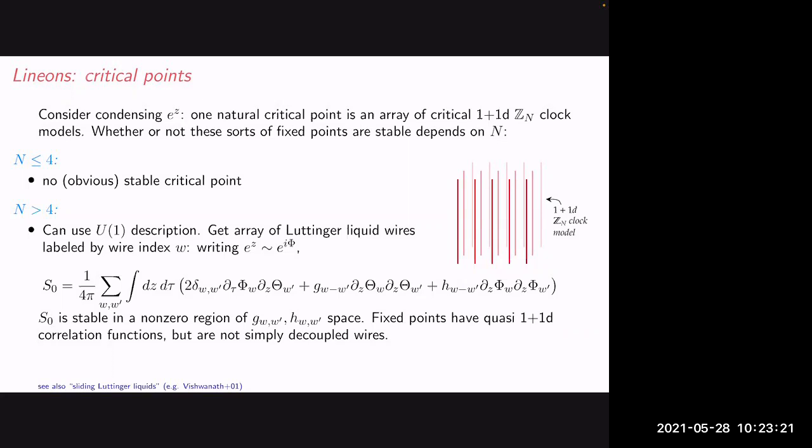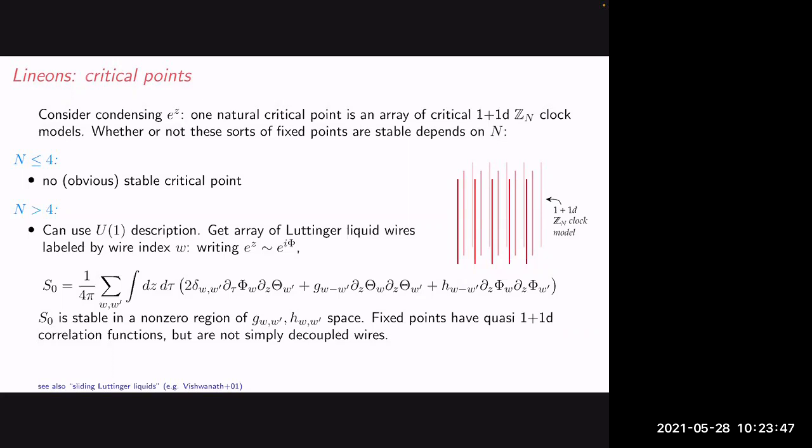Anyway, what we would like to do is evaluate the stability or lack thereof of a critical point like this. And it turns out that whether or not critical points like this are stable with respect to couplings between the wires depends on the value of n. If n is less than or equal to 4, there's no obvious stable critical point here.